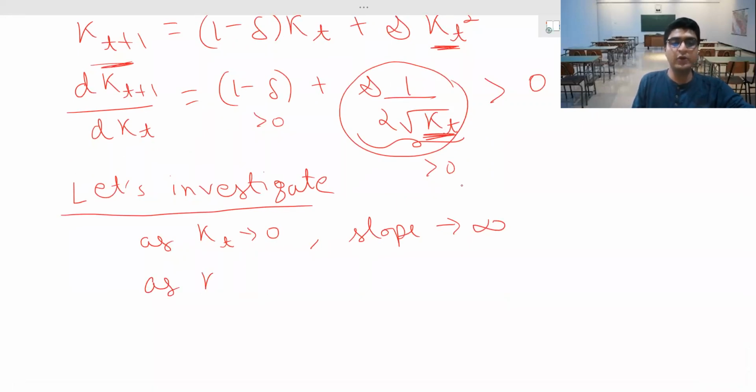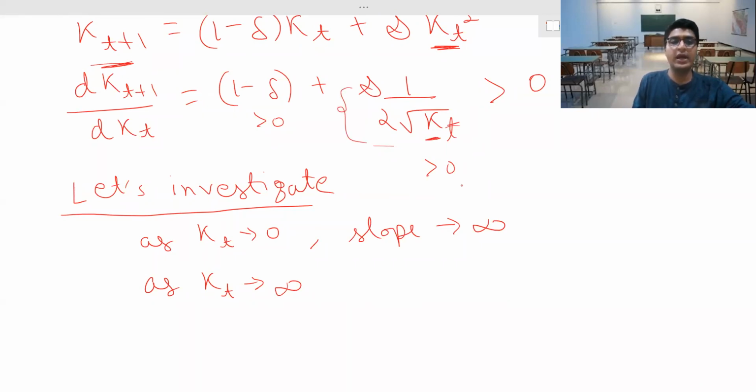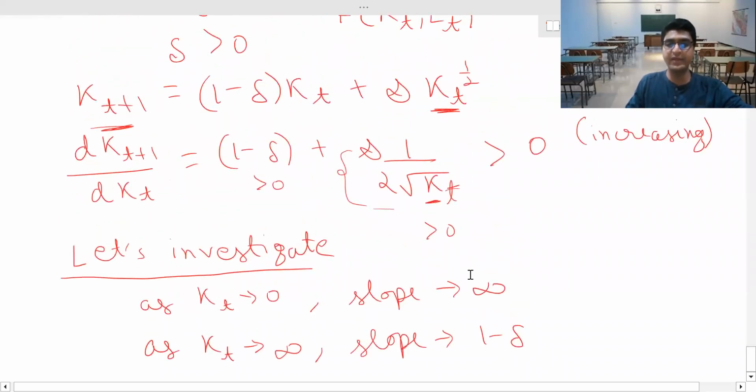And as K_t goes to infinity, this whole thing becomes 0, and slope will be what? 1 minus delta. Then in that case, slope goes to 1 minus delta. ठीक है, तो इनिशियली स्लोप इज इंफिनिटी जब K_t 0 है. ये पार्ट क्लियर है? When K_t goes to 0, slope goes to infinity, and when K_t goes to infinity, slope goes to 1 minus delta. Is it clear?